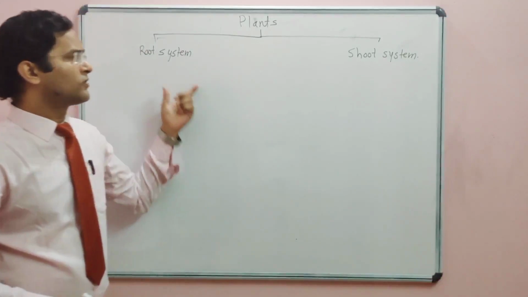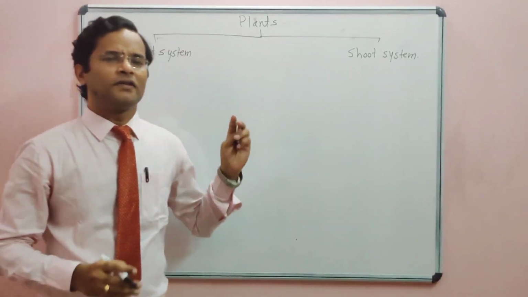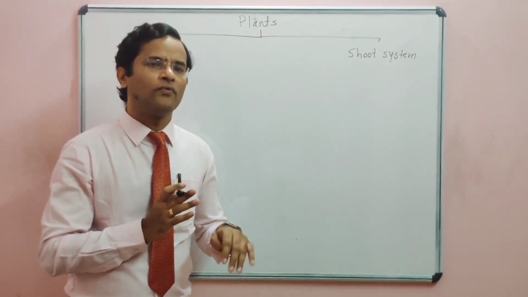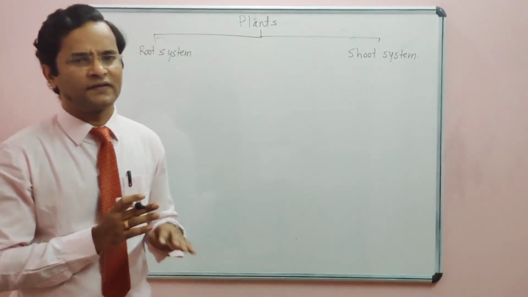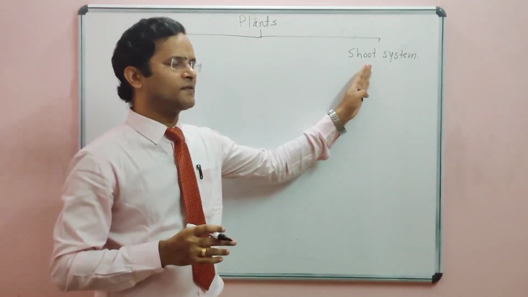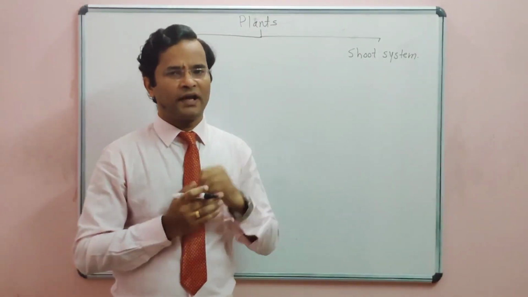The root system has a structure which goes downwards, inside the soil, but opposite to that, the shoot system develops in the upward direction.